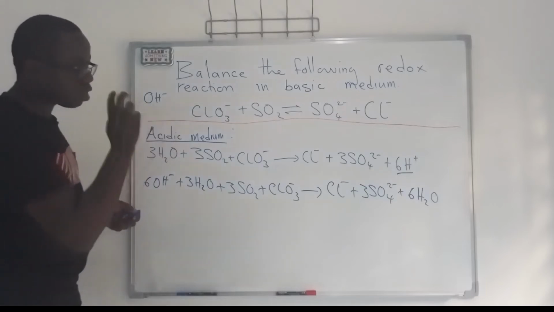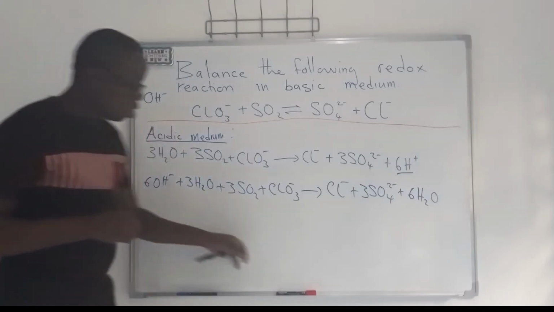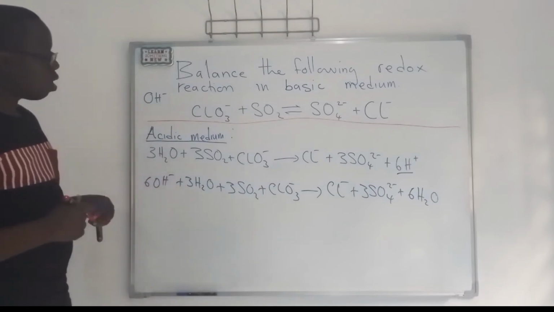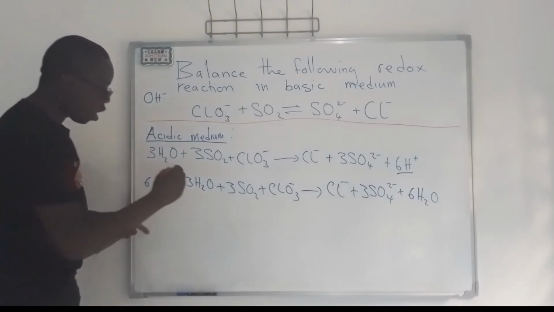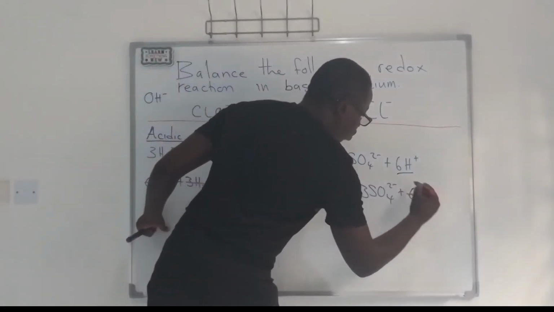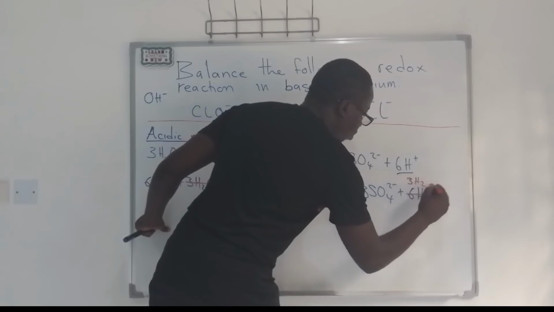After having those 6 water molecules, you realize that we can simplify the water molecules. So we have 3 water molecules here, then we have 6 water molecules, which will reduce to 3 water molecules there.